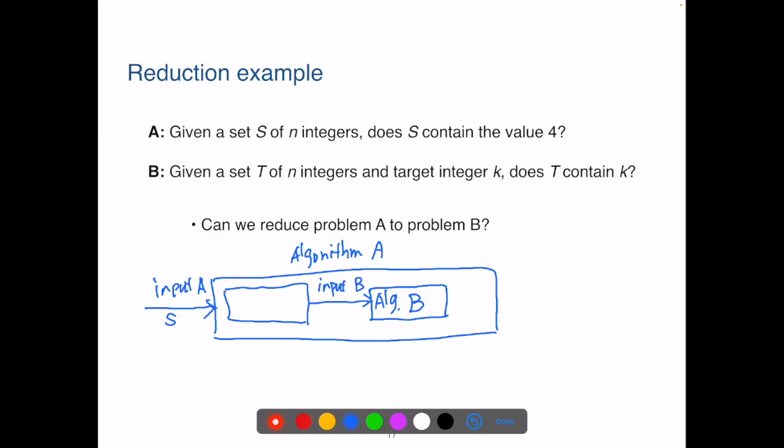So that would be T and K. T is a set and K is a value.